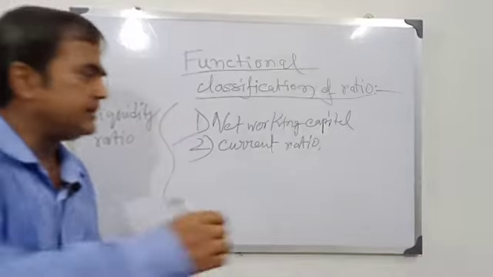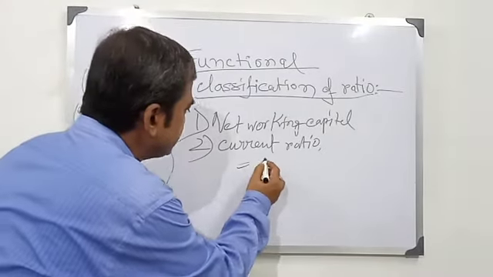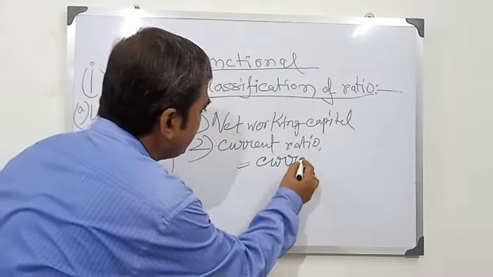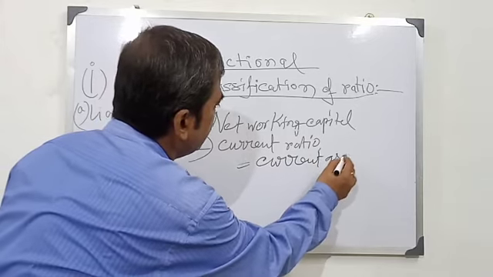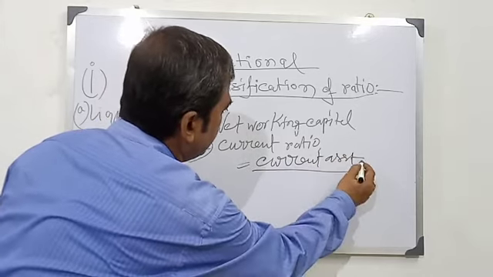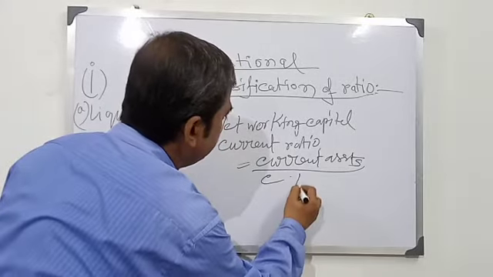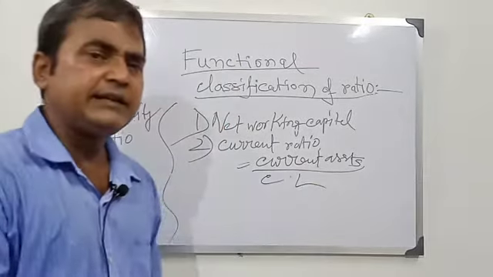Current ratio means current asset divided by current liabilities. What are the current assets?